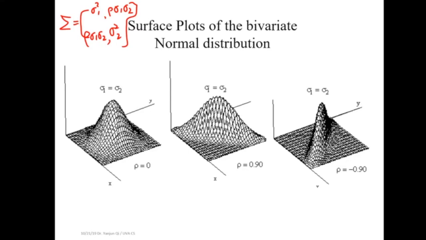Let's still keep sigma 1 and sigma 2 the same, but change the correlation value to 0.9, which means the first feature and second feature are strongly positively correlated. This is the bell shape we learned, a very narrow bell almost concentrated along the diagonal x1 equals x2 line.